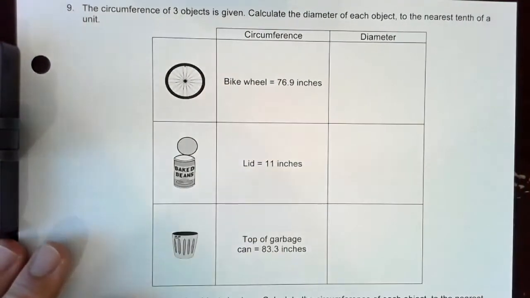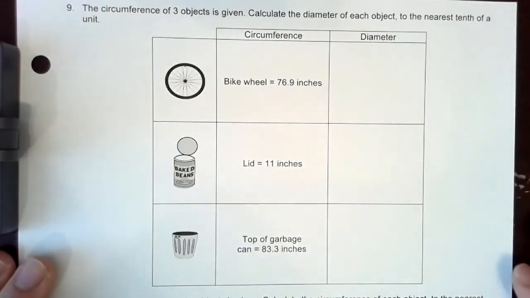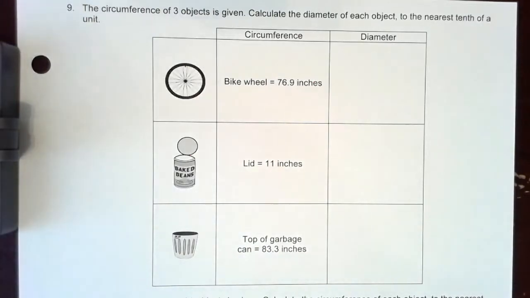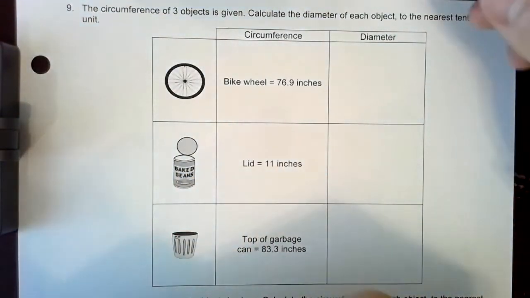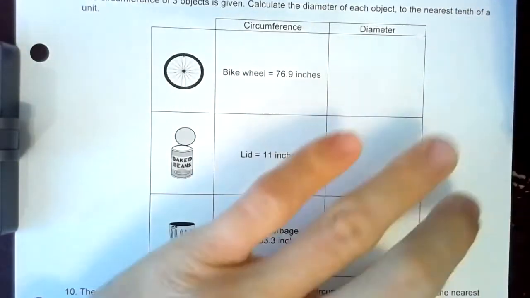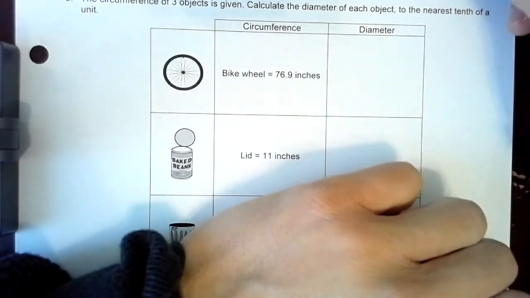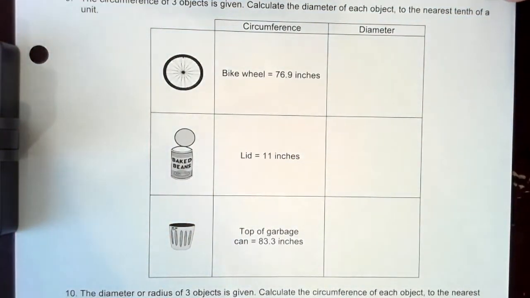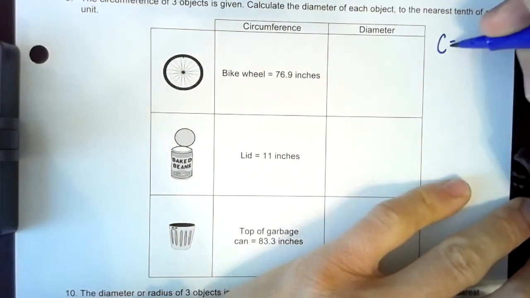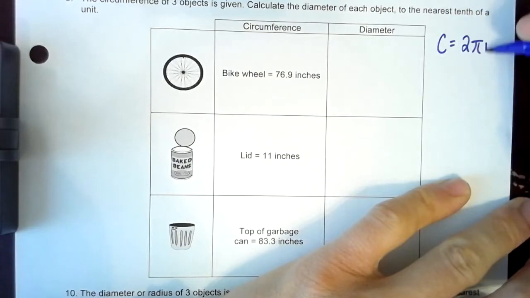Okay, class. So let's continue to practice calculating unknown values given a situation. As usual, before you start, you always want to remind yourself what the two formulas for circumference are. The first one that deals with radius is C equals 2 pi r.